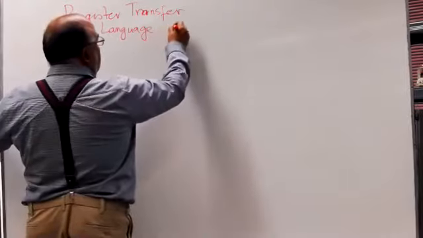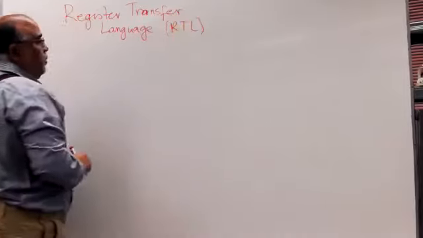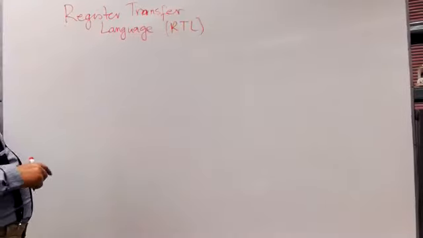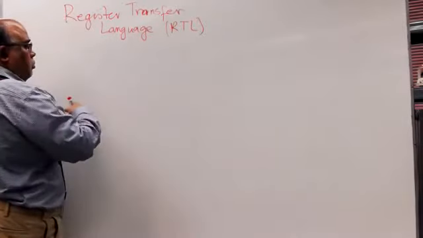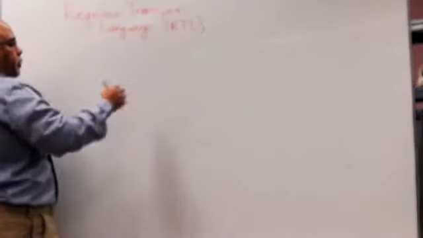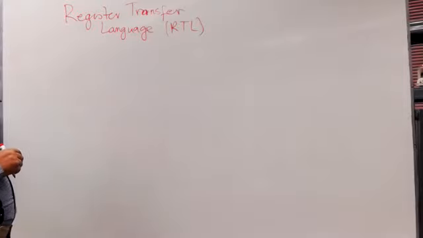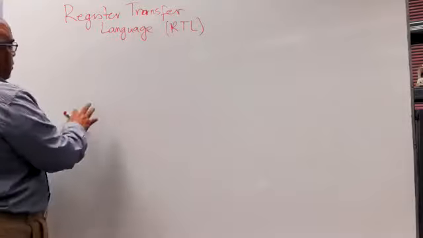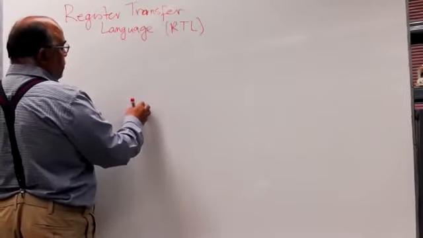RTL. So all the complex digital circuits don't have a very long combinational logic circuit. Like a very big combinational logic circuit, with a register on the input and a register on the output. It is usually divided into steps. So one small job is done, result is stored in a register.